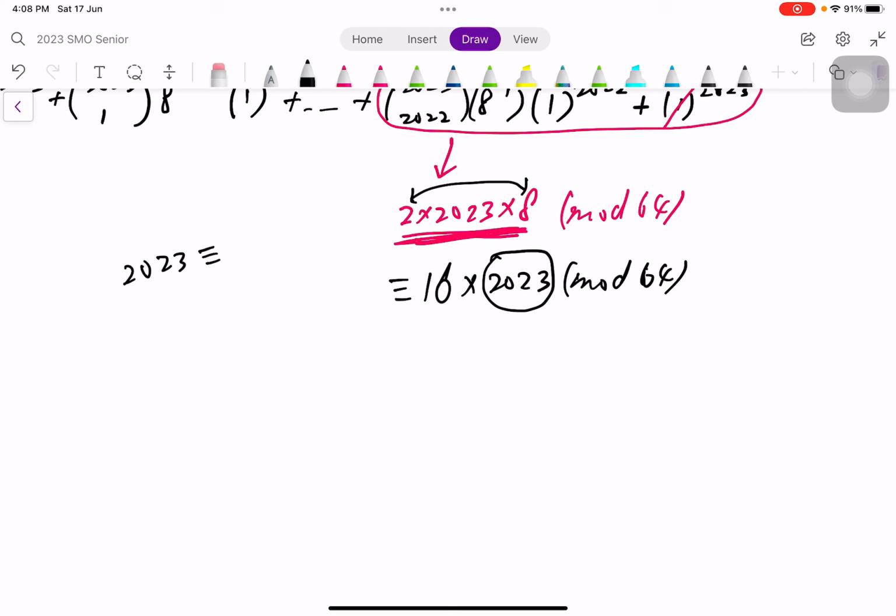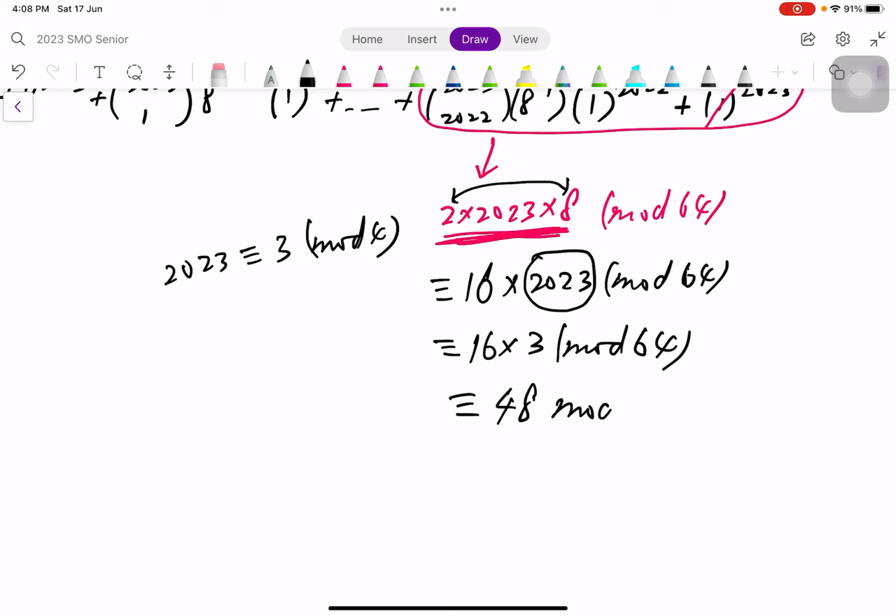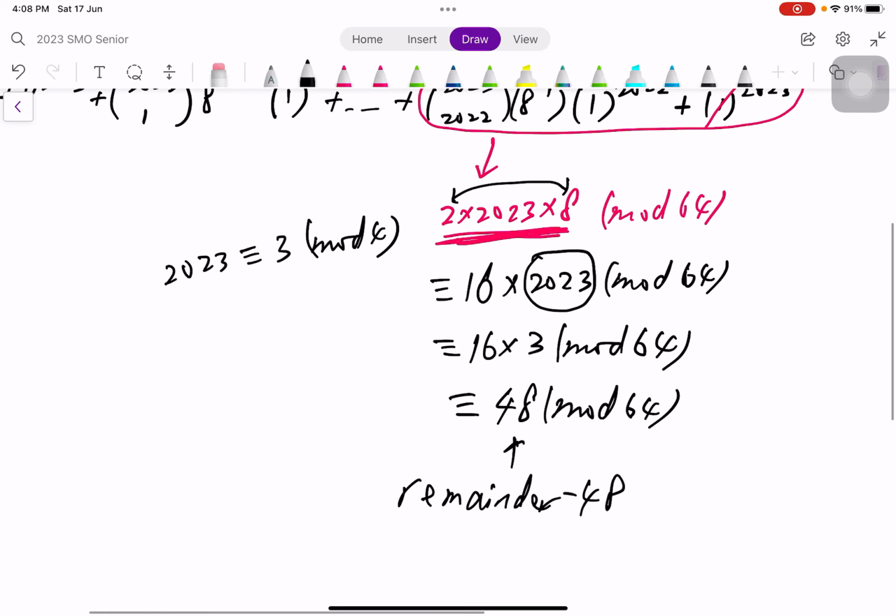Is actually congruent to 3 modulo 4. Therefore, in this case, to make our computation faster, I can say that this is 16 times 3 modulo 64, right? And then in this case, I will get 48 modulo 64, right? And the remainder now is just equal to 48.